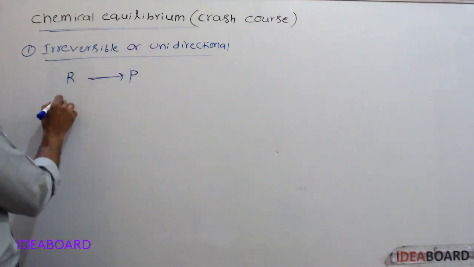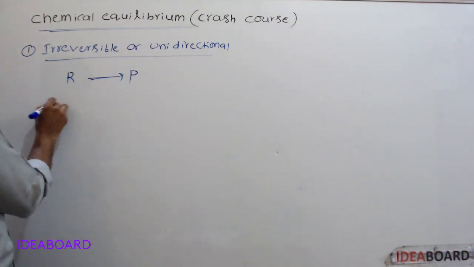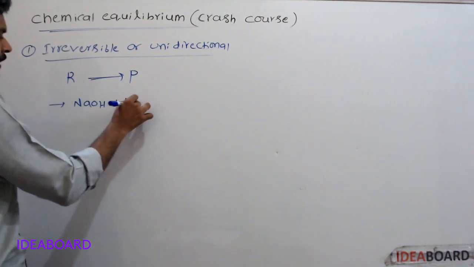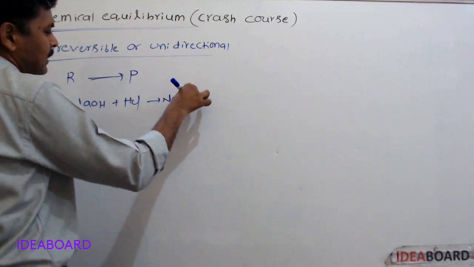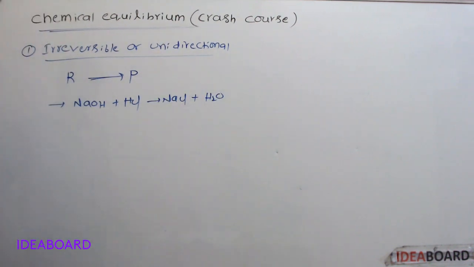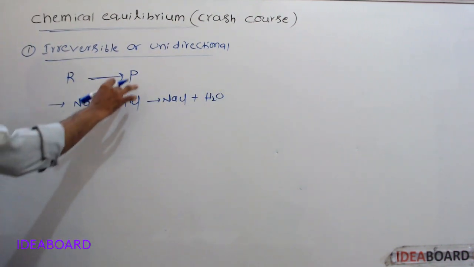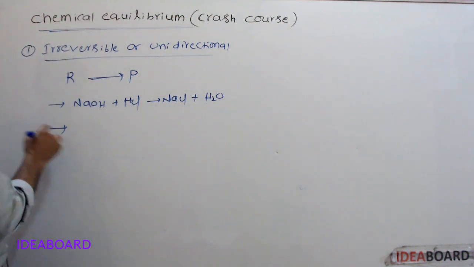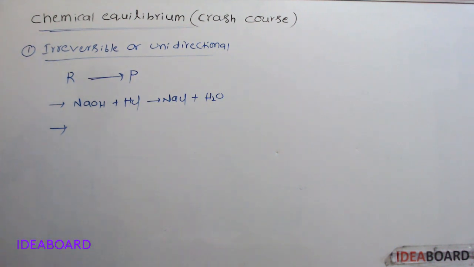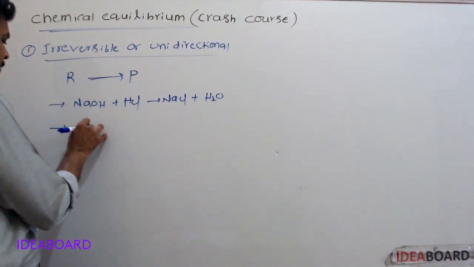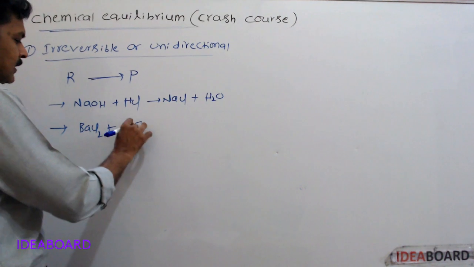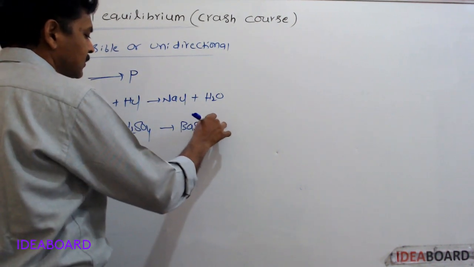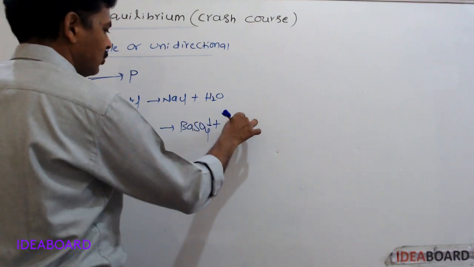We have so many examples. Strong acid, strong base neutralization reactions: NaOH plus HCl gives NaCl plus H2O. Aqueous solutions of sodium hydroxide and hydrogen chloride give sodium chloride and water. We can write precipitation reactions also: barium chloride plus sulfuric acid gives barium sulfate precipitate plus 2 moles of HCl.